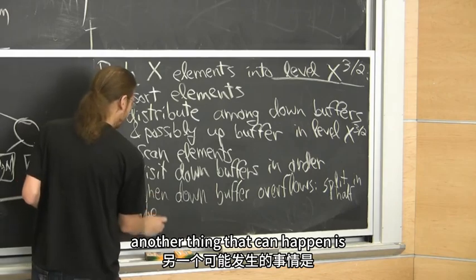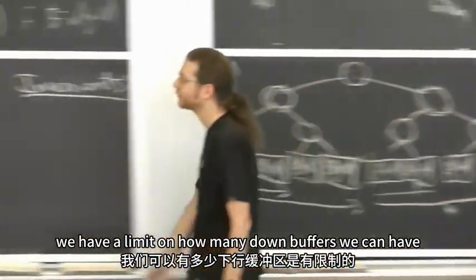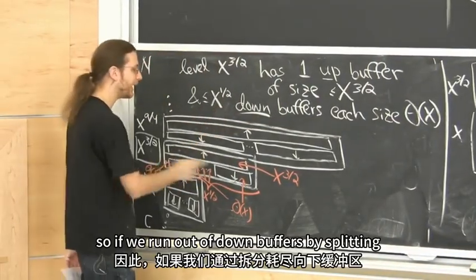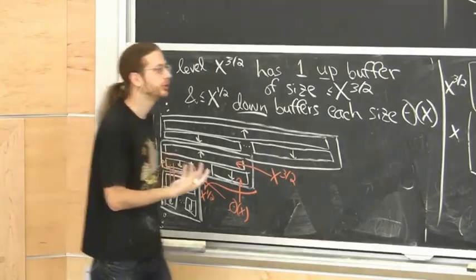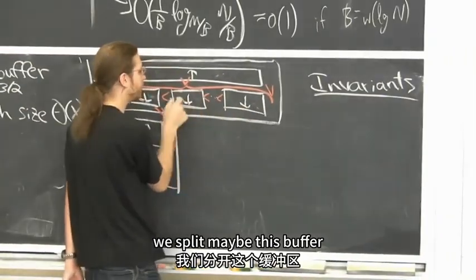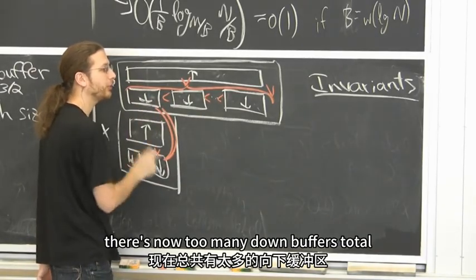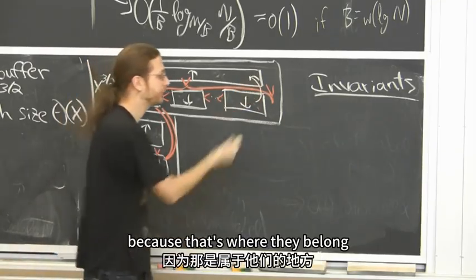Another thing that can happen is when you increase the number of down buffers, we have a limit on how many down buffers we can have, up to x to the 1/2 of them. So if we run out of down buffers by splitting, then we need to start using the up buffer. So maybe here we split maybe this buffer. There's now too many down buffers total. Then we'll just take all the elements in here and stick them into the up buffer, because that's where they belong.